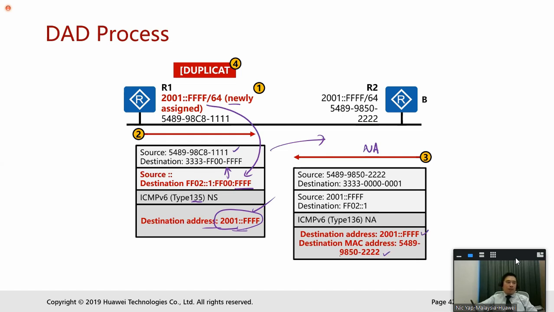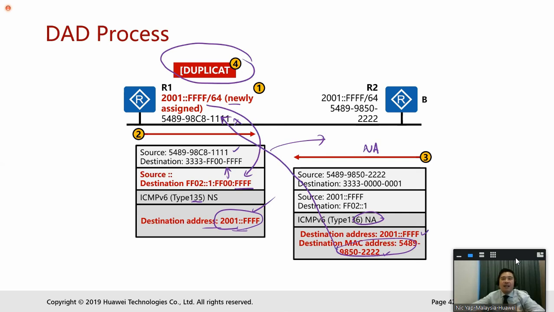So when this is compared with this MAC address, it's not matched. It means that it's duplicated already. The duplication happens in these addresses. So you can't use this address anymore when you get a duplicate NA message reply. When you send the NS and get an NA reply, it means this address cannot be used for communication.